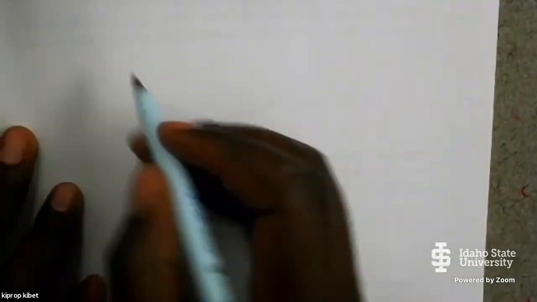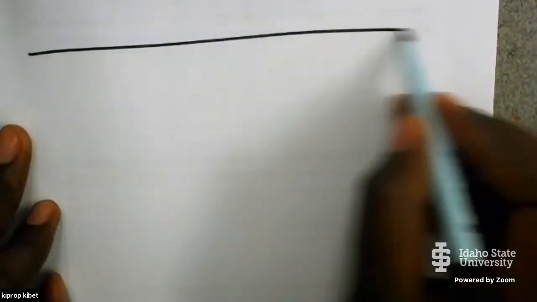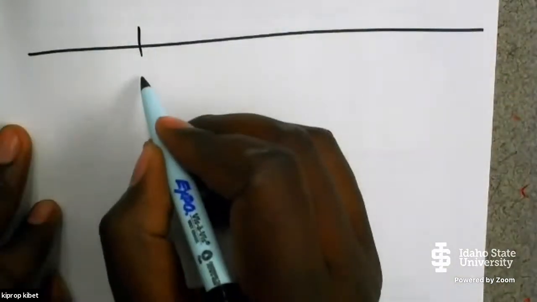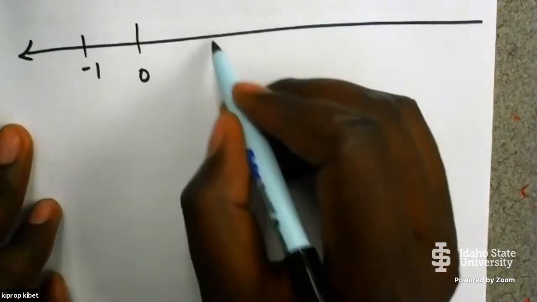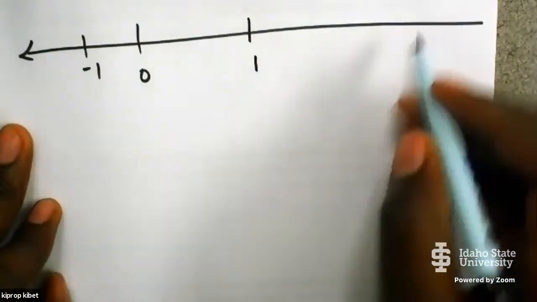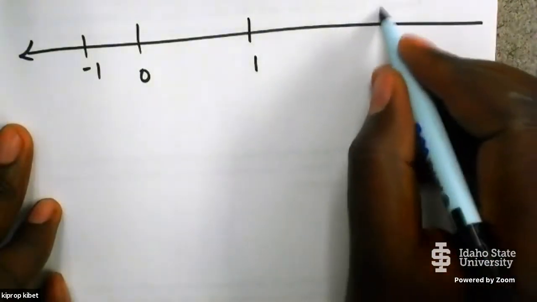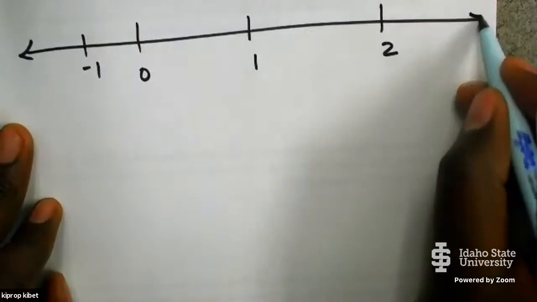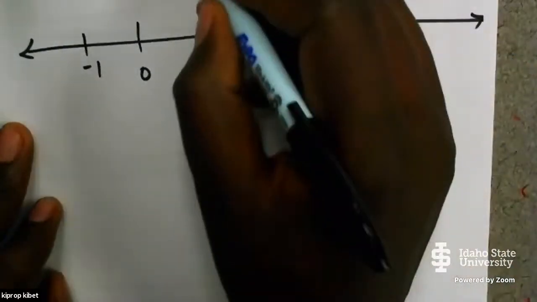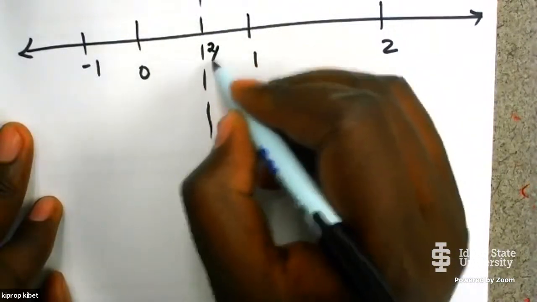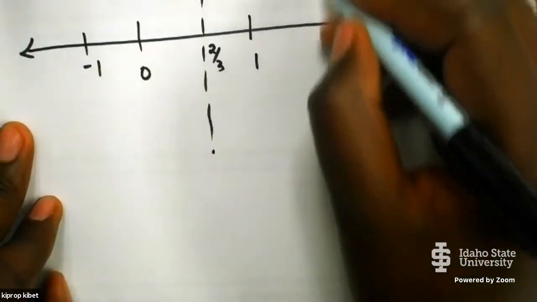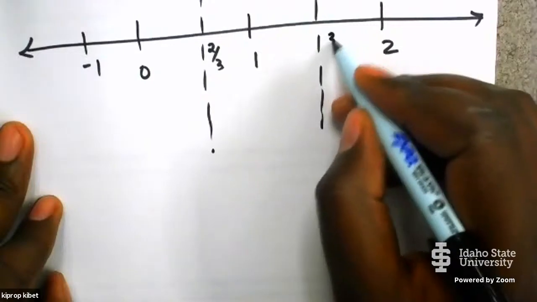And if we come back here and draw it again, we can put 0 there, negative 1 going that way, 1 and then 2 going that way. So we have 2 over 3 here, and 3 over 2 there.